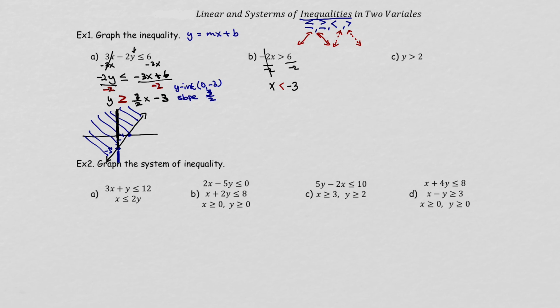And when you're graphing this in a rectangular coordinate system, you're going to find the line that is x equals negative 3. Negative 3 is right here. And since it's less than, not less than or equal to, it will be a dotted line.